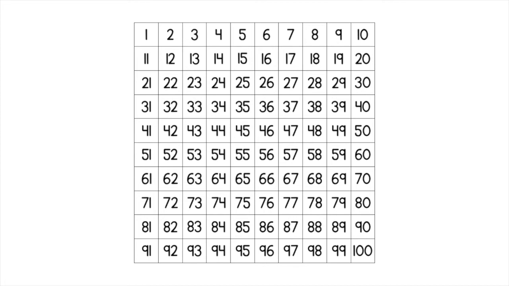What that helps with is rounding to the nearest 10. We all know what we say: if your number ends with 5, 6, 7, 8, or 9, you round up to the next 10. If it ends with 0, 1, 2, 3, or 4, it rounds down to the previous 10.